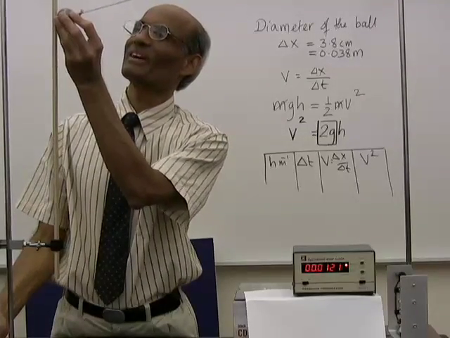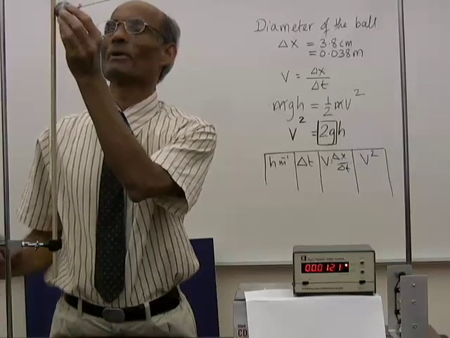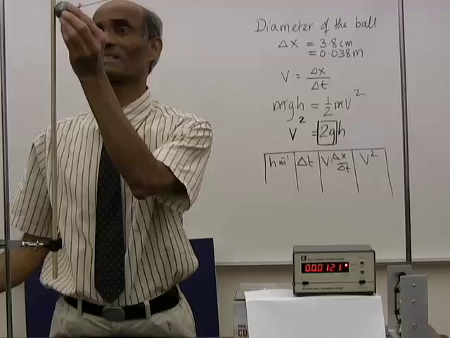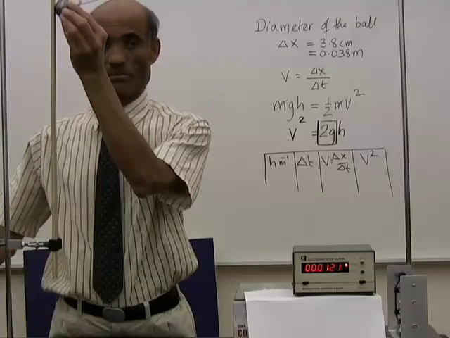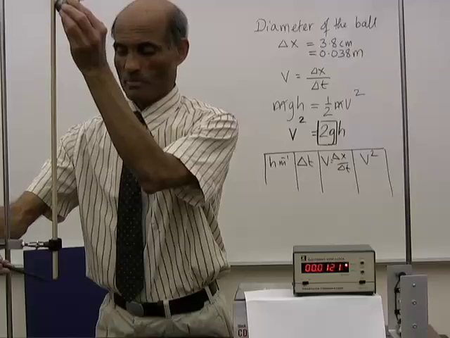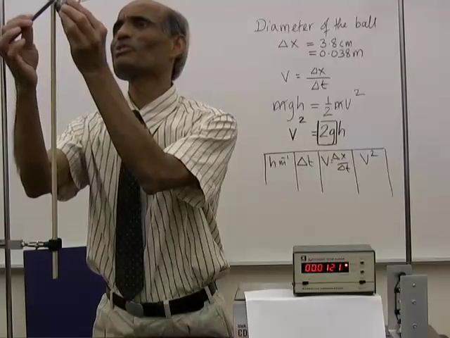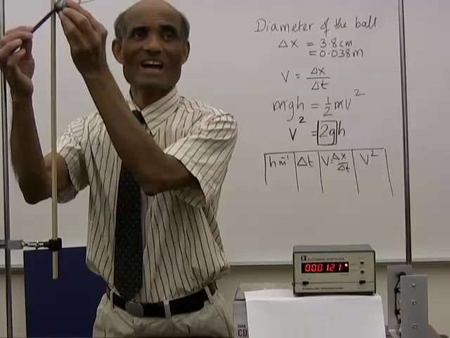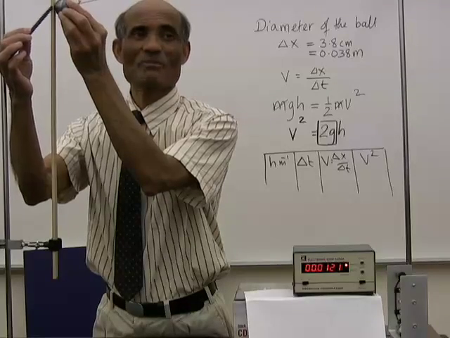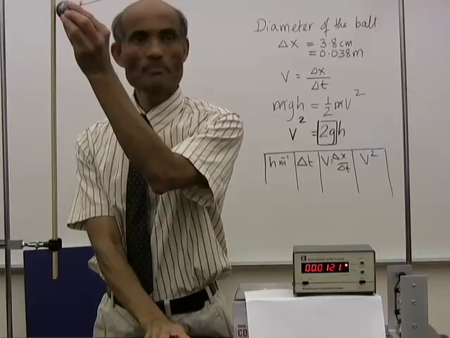Alright, there, another height. And now measure this height. Right, the height from this point to the center of the bob. Now I think you have gone out of screen. Let me adjust the camera for you.